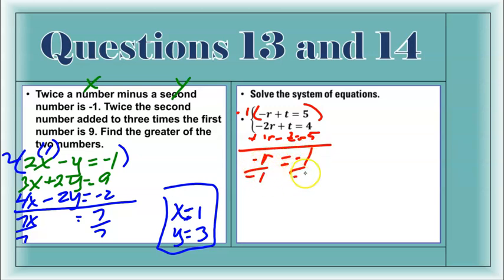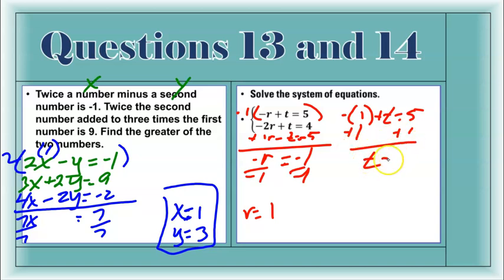Divide by -1, r is going to equal +1. So if I put that back into one of the equations, I have -1 plus t equals 5. I'm going to add 1 to both sides, and t is going to equal 6. So my solution is r is 1, t is 6.